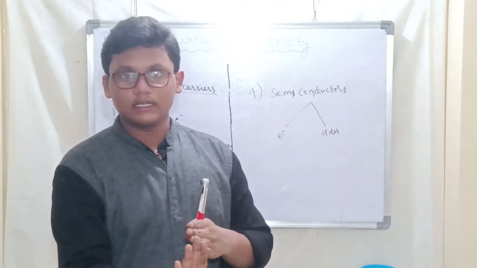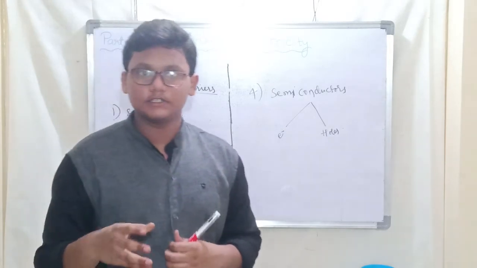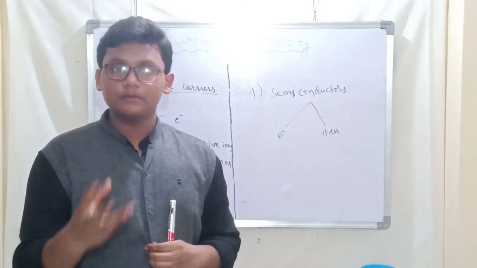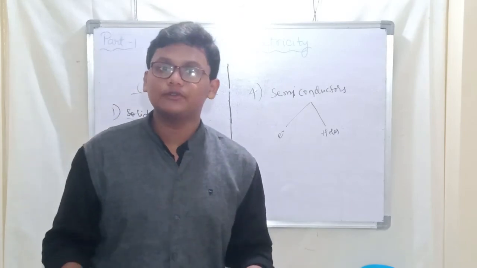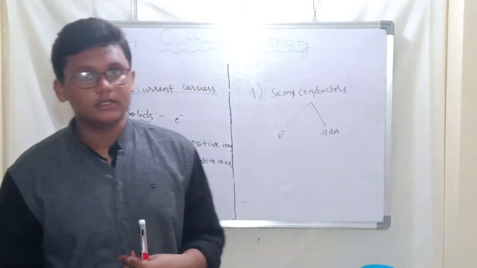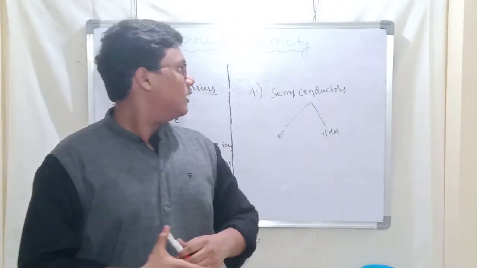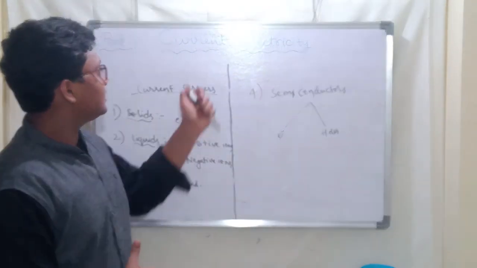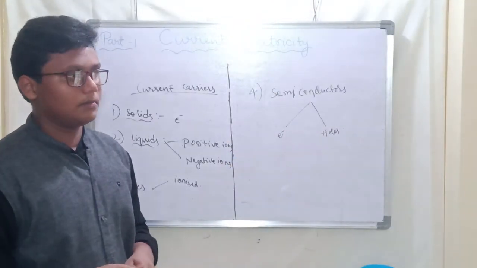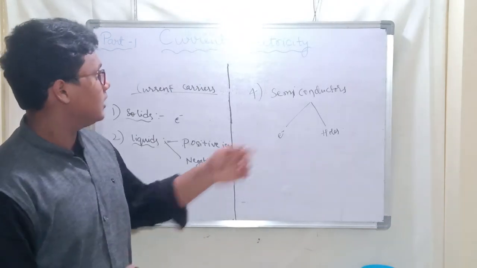The more it pushes, the more the speed will be, and the more the speed, the more the electric current. It is measured in amperes, meaning 1 coulomb per 1 second is 1 ampere.